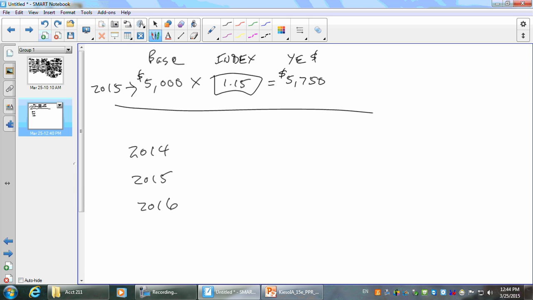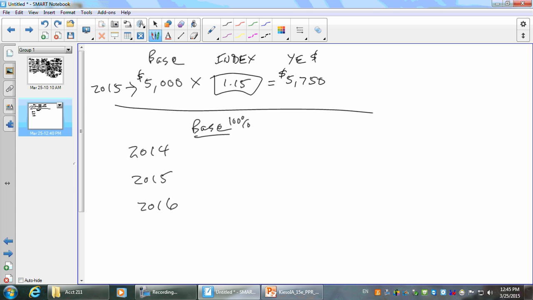Let's say that I know that my base in each of these is 100, right? Your base is 100, right? Base is 100% of itself. So keep that in mind.